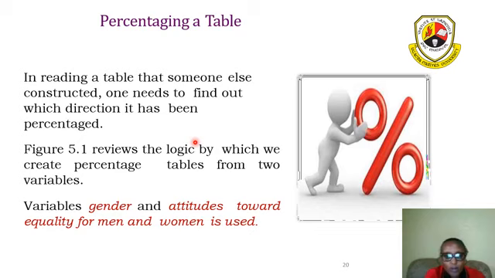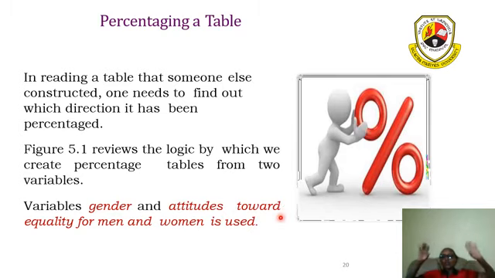Percentages in a table. One of the things you do as you're carrying out quantitative research is present percentages. So how do we handle percentages in our analysis? Here we are going to look at a research that is looking at gender and attitudes towards equality for men and women.